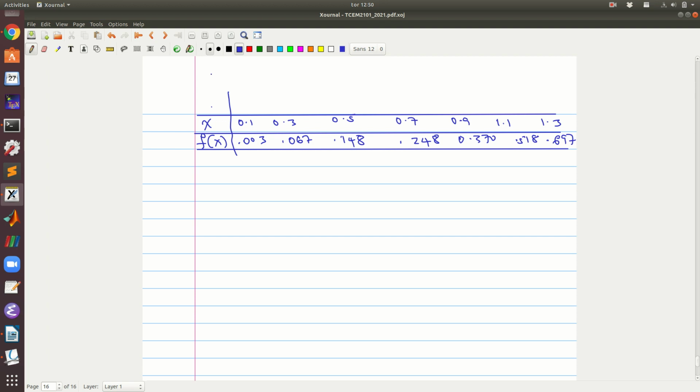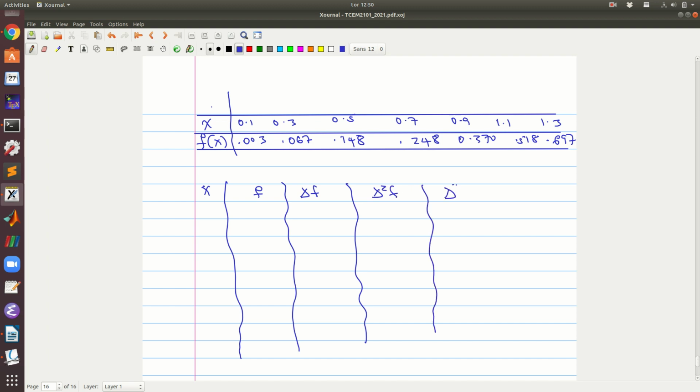and then under 1.3 we have 0.697, and so on. So what you're going to do is follow the, let me just do this very fast because we have run out of time. So we have x, then f of x, then the first forward difference, then the second forward difference, and so on up to whatever nth forward difference the problem is asking you to end.